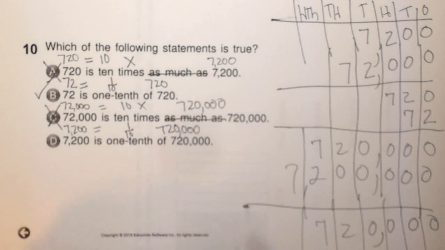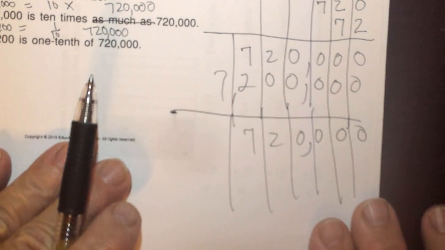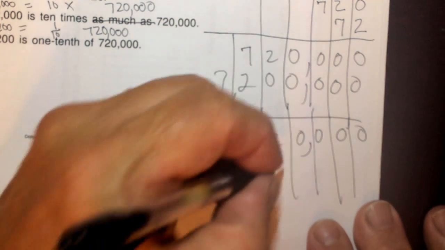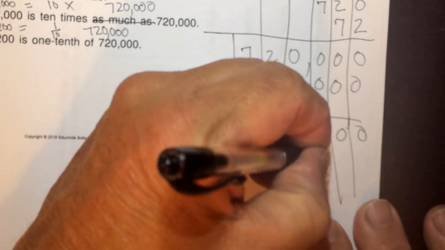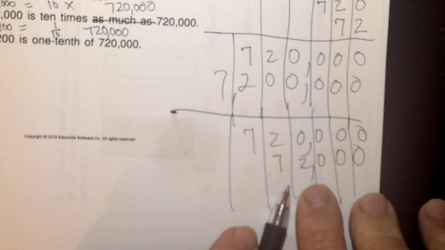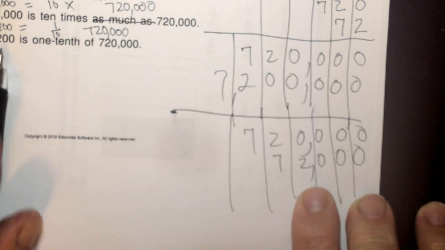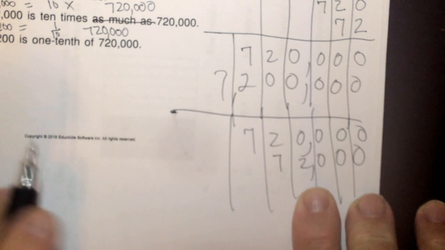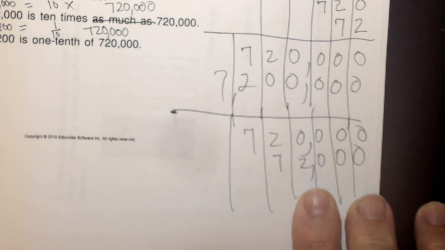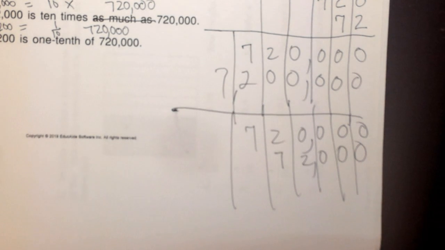And I'm taking 1/10, which means I shift everything one place value back to the right. So it becomes 72,000. So it's 72,000, but this says 7,200, so this is wrong. So it makes me feel good about my answer B. Everything else I found to be wrong.